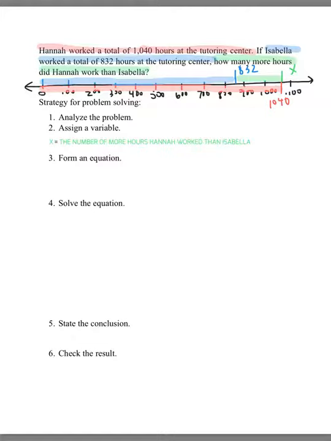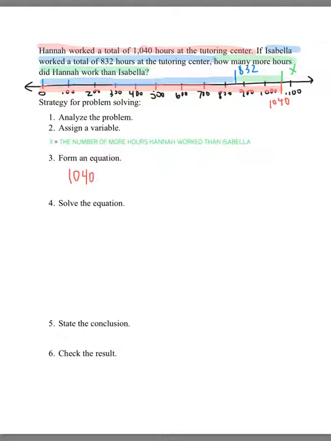So going based off what we know that Hannah worked more hours than Isabella, we want to know what that exact number of more hours that she worked is. How do we go about determining that? So the general outline we're going to be following here is going to be the larger minus the smaller is going to equal the difference. So in which case, the larger is the number of hours Hannah worked. So it's going to be 1,040.